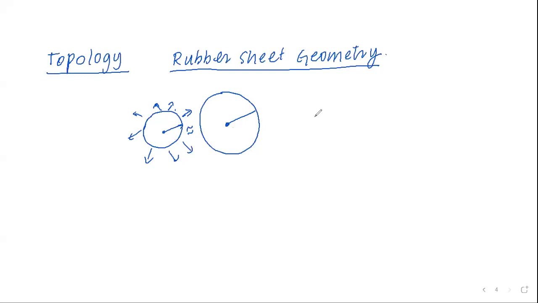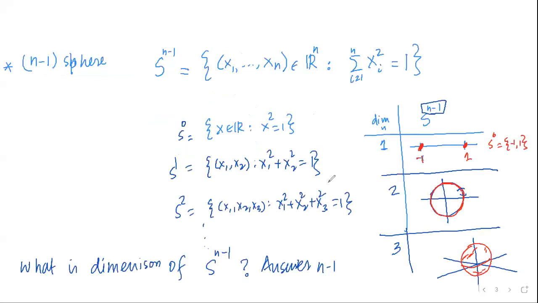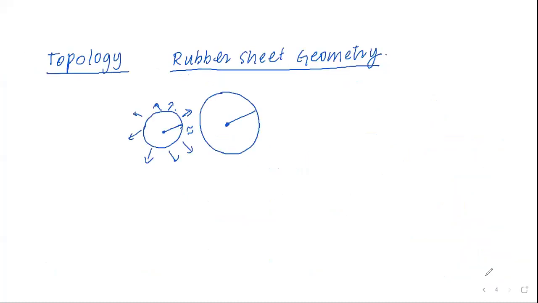These things are not allowed because they distort the shape of the object. I'm talking about the one dimensional thing, but if we are taking radius of 2, 3, and so on, all are equivalent. So that's why we are taking only the unity thing.